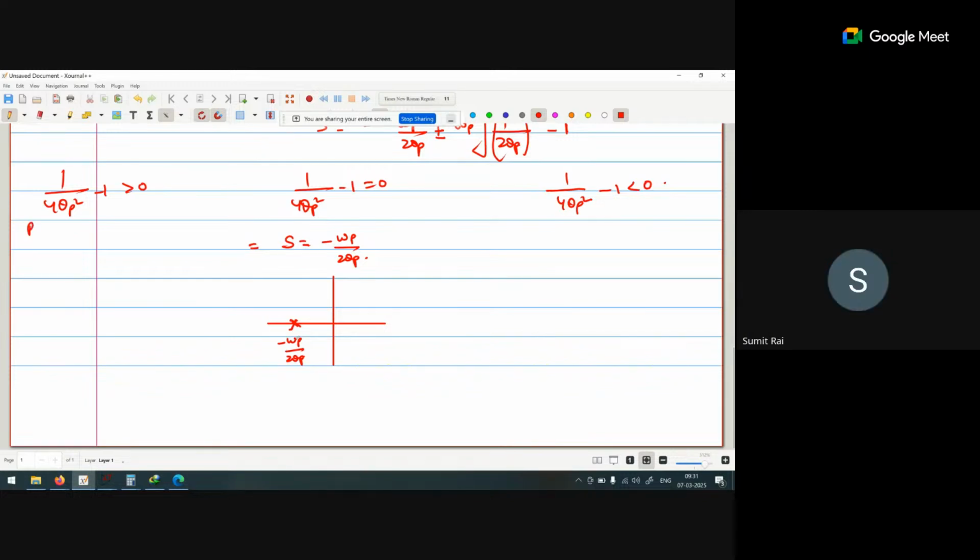If 1 upon 4 qp square minus 1 is greater than 0, the poles are real poles.